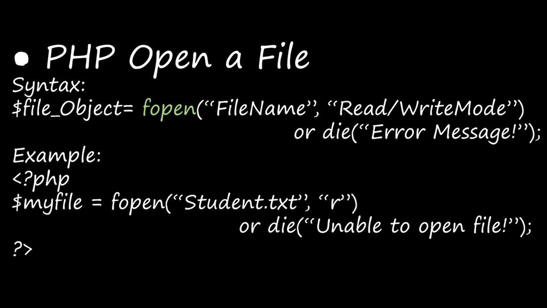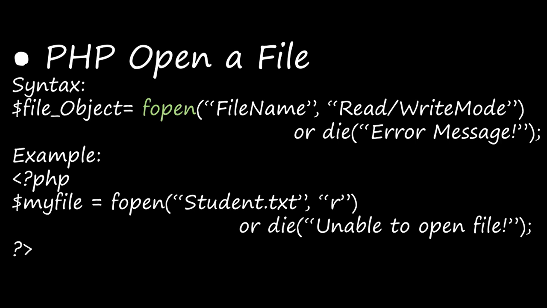Let's see the syntax first. $file_object is equal to fopen. Inside the brackets you will have two parameters, as I said. First you have to give the file name inside double quotes, comma, and then the read or write mode.